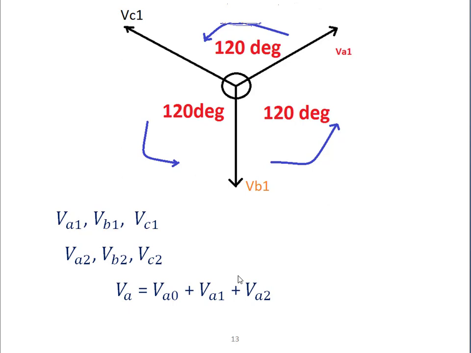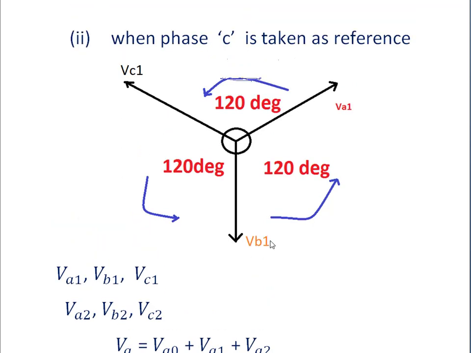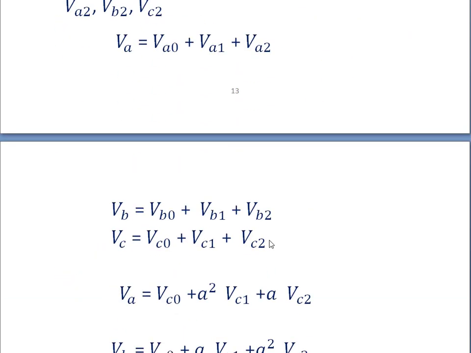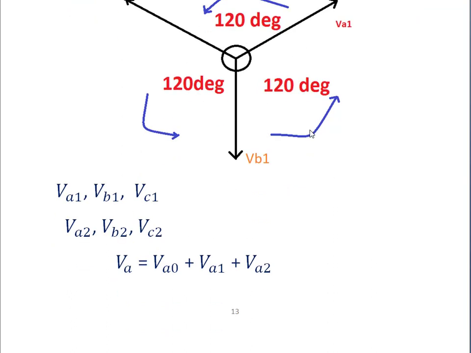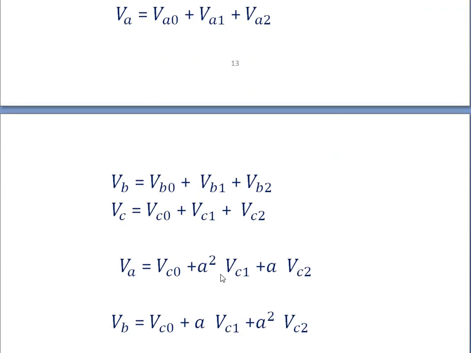We are taking phase C as a reference. So to express VA1 in terms of VC1, it has to move by 240 degrees. First it has to reach here, then it has to reach here. So 240 degrees means A square into VC1.